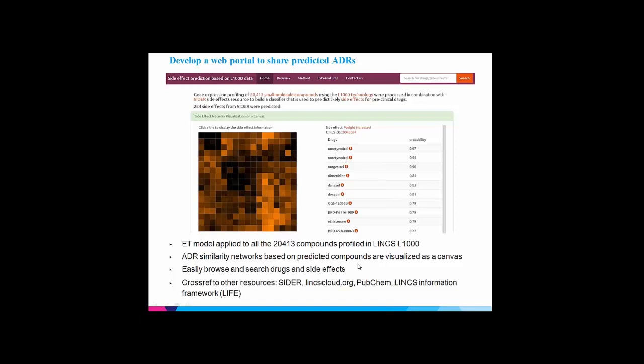But basically we have the prototypes there, and this website can also cross-reference to other resources, including the side effect resource SIDER, as well as LINCS Cloud, PubChem, and LINCS Information Framework for Life.